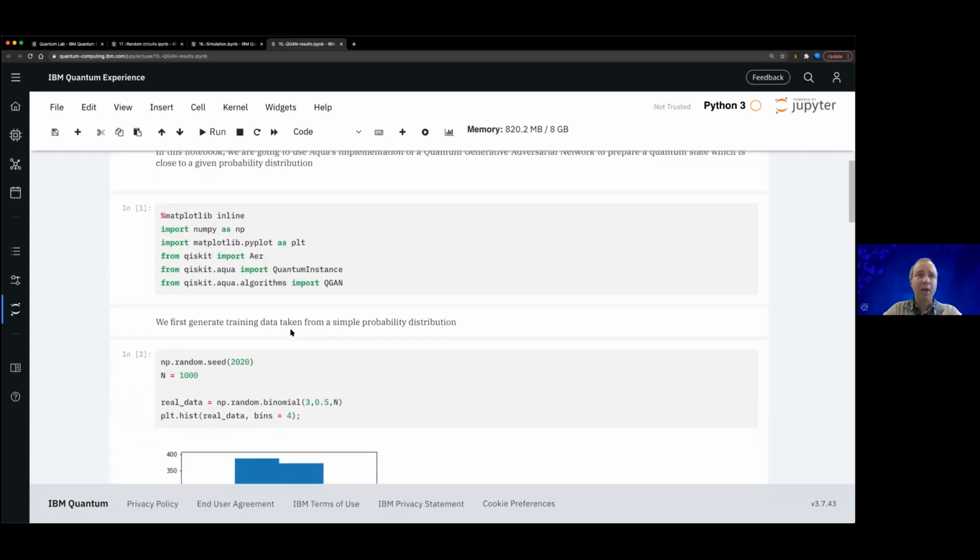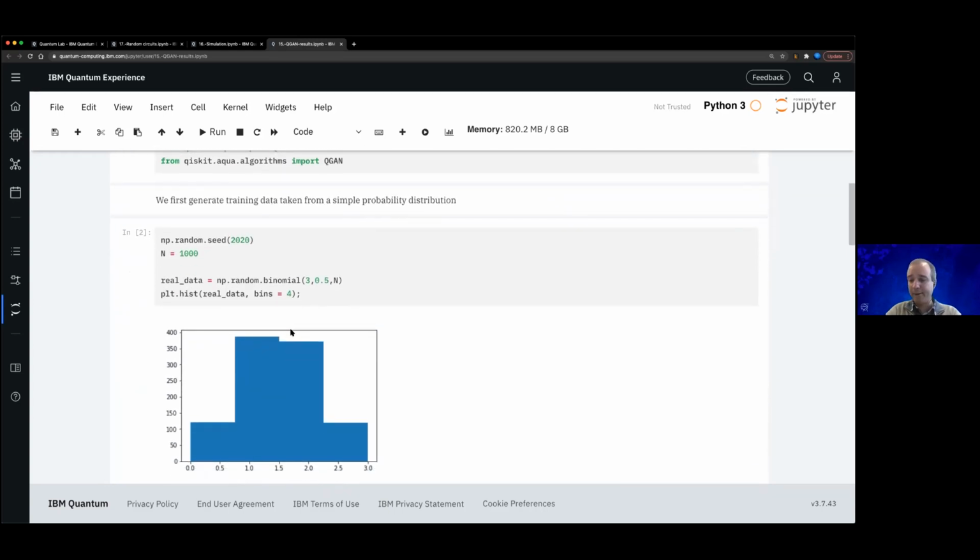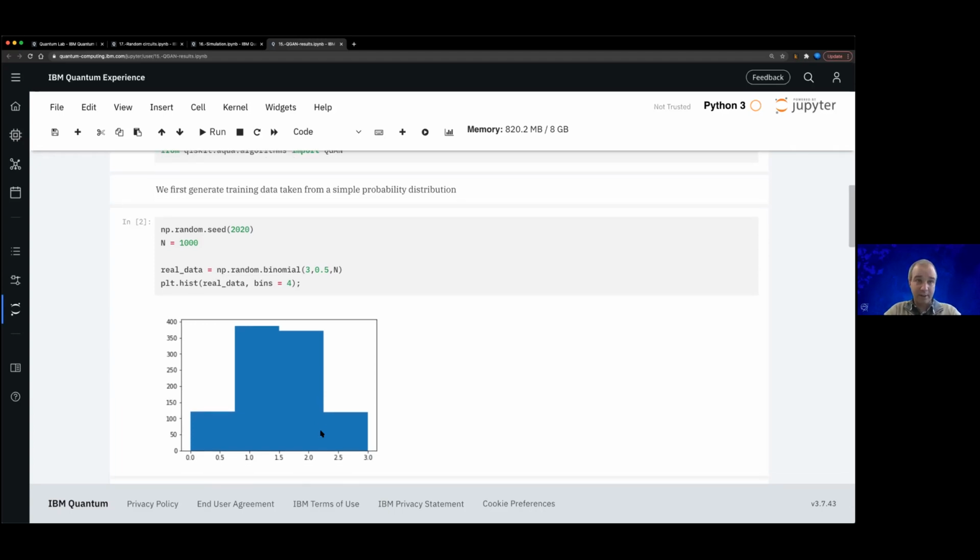So what I'm doing here is a very, very simple task of learning one of these random distributions I was telling you about. And what I chose was just a simple binomial distribution, which after sampling gives me this histogram here, which is the data that I'm going to use in order to train the network.